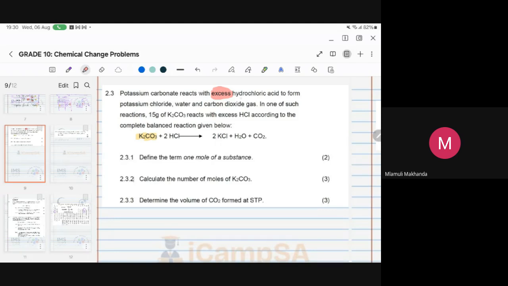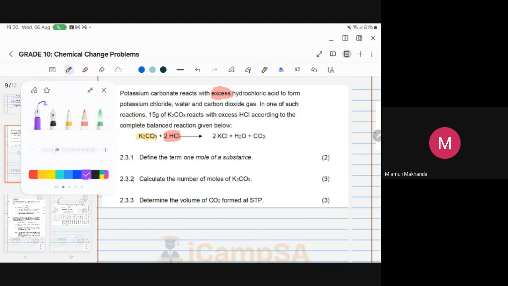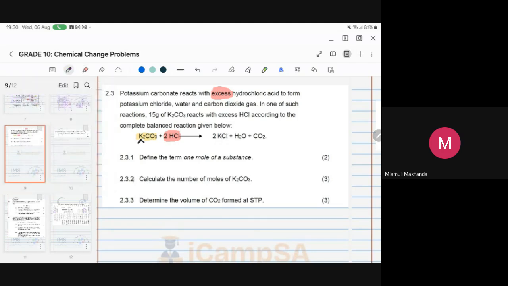They say the excess hydrochloric acid. So therefore, this guy is our excess reactant. If this is our excess reactant, it means automatically, in this case, this guy will be our limiting reactant. So pay attention to keywords in problems.